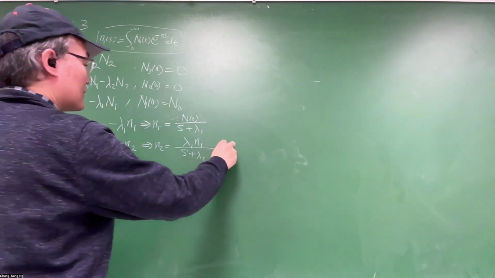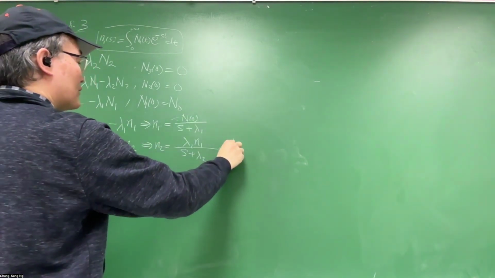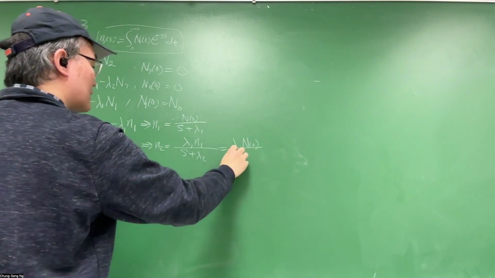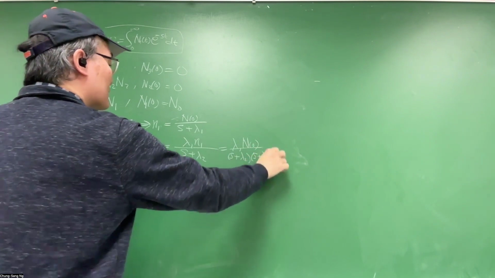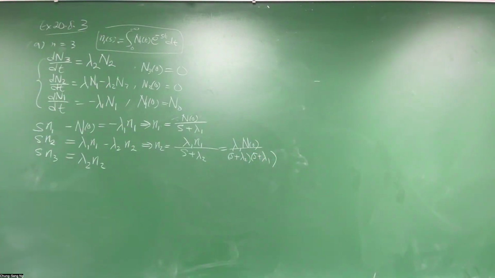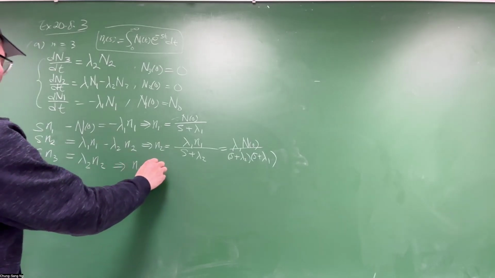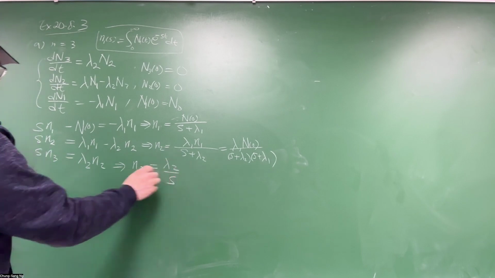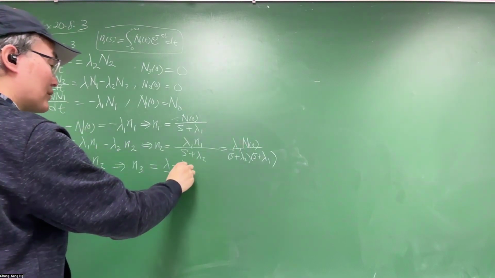And that equals to, we substitute this into that, S plus lambda 2, right? Is that okay? And N sub 3 is, now it's lambda 2 over S times N sub 2, which is this one.